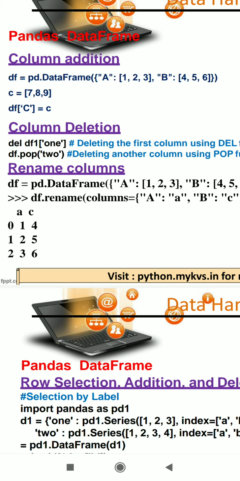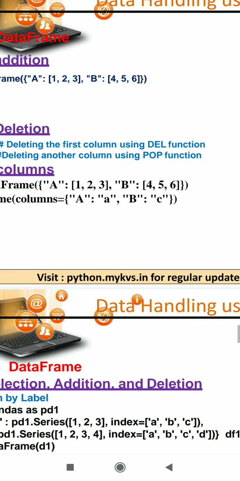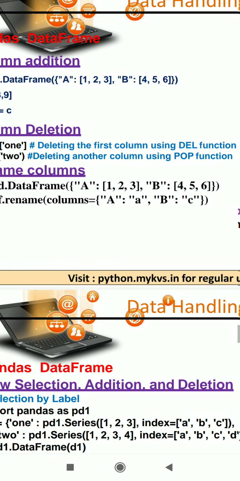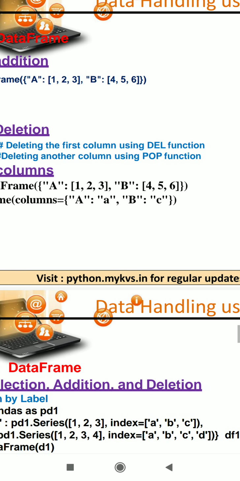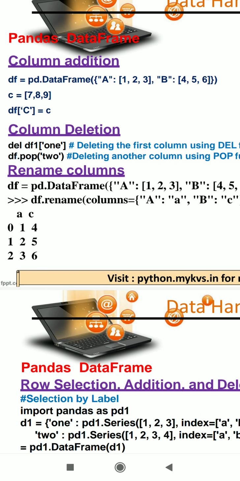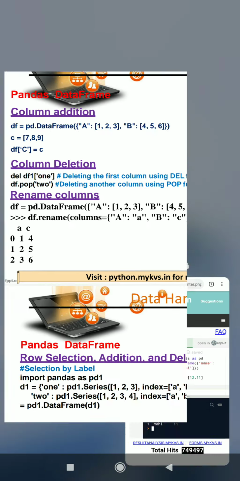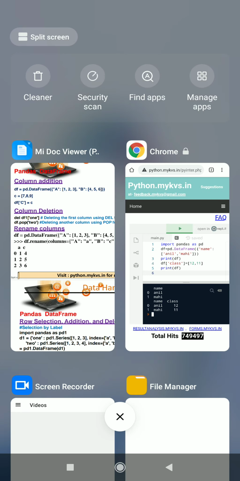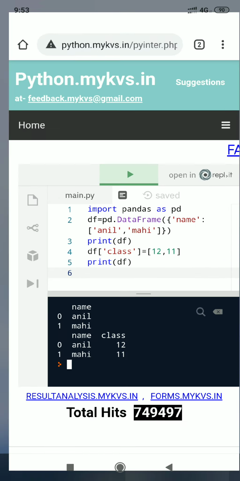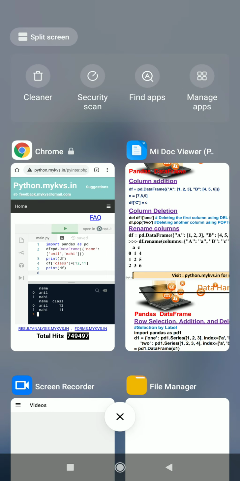Student, you have gone through these two methods in list also, deleting the first element using the del function or deleting another using the pop function. Both are similar. You can use any one. We use it here. We will have to mention the column name.